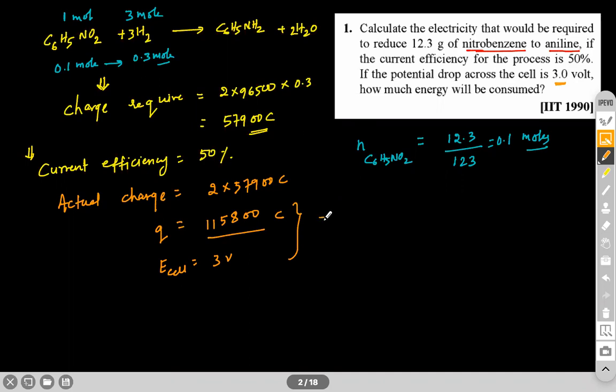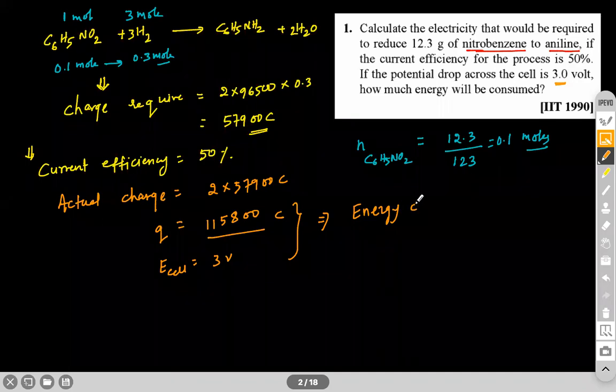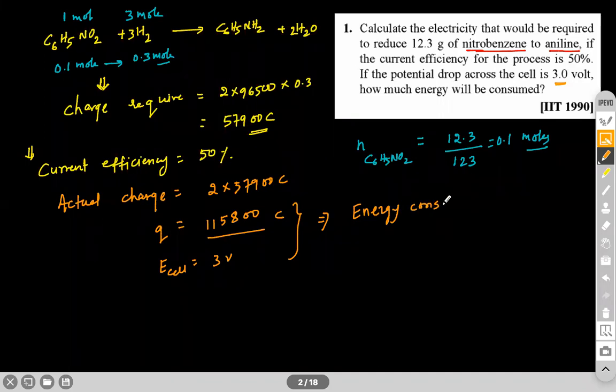So the energy consumed, not the change in delta G, but we can write the work done actually. So work done is nothing but Q into E cell, which is 115800 into 3, right? So that will be approximately 347400 joule of energy that gets consumed here. Okay.